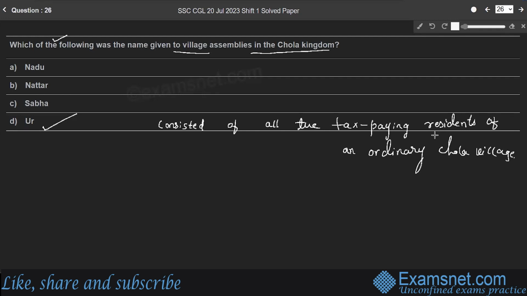So here option D is the right answer, whereas the remaining words, Nadu means group of villages, right? So group of villages is called Nadu. So option D is the right answer.